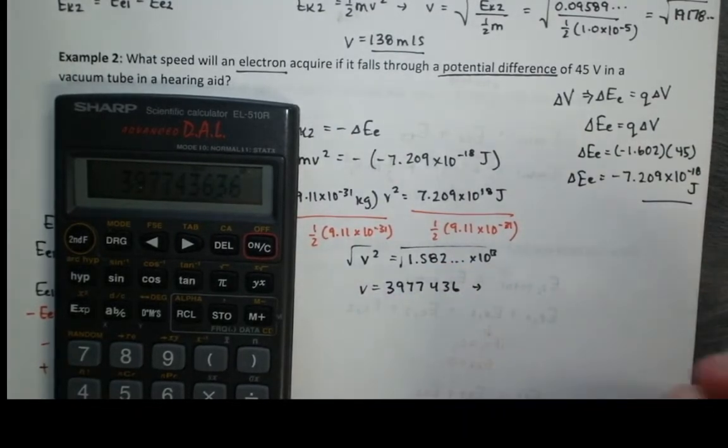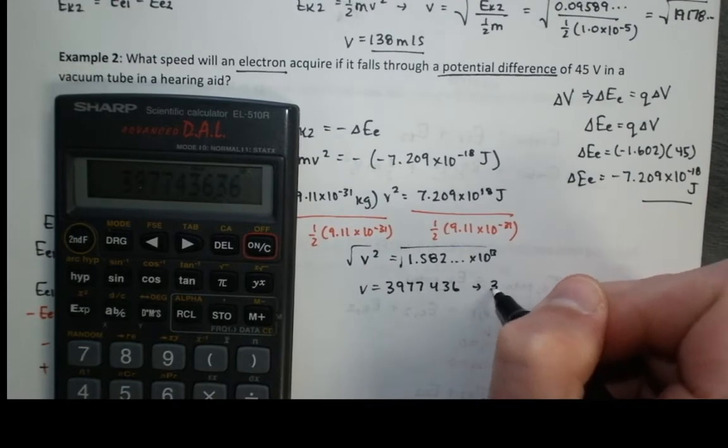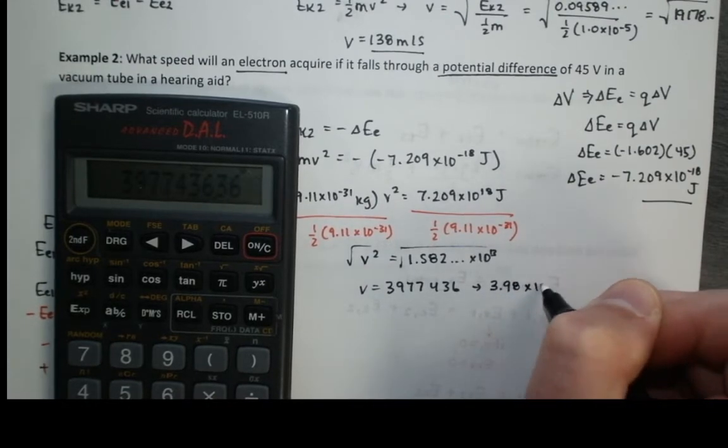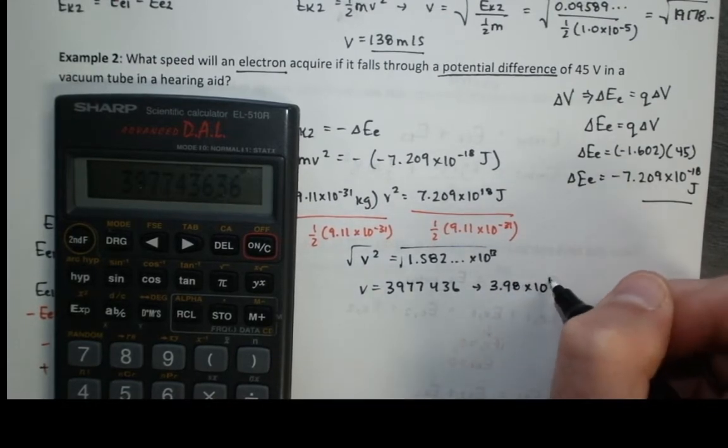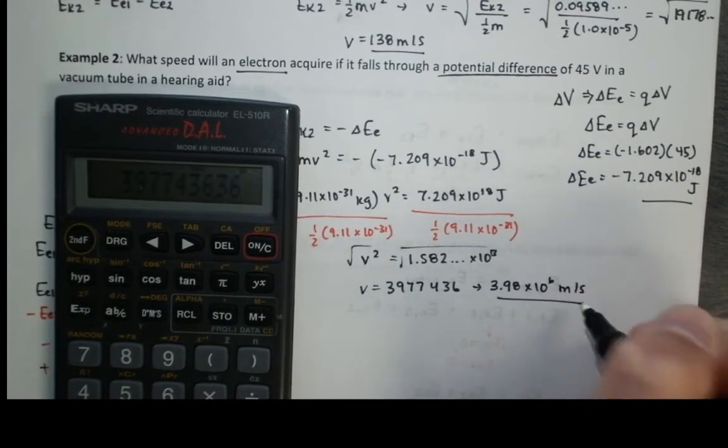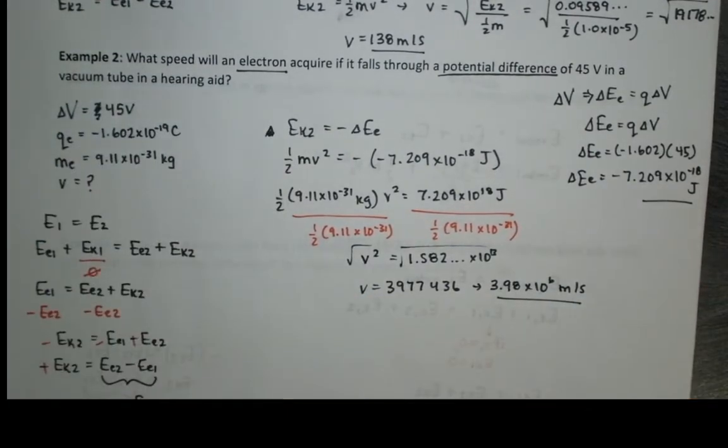Or let's put that into scientific notation. We'd get 3.98 times 10 to the power of 6 meters per second. So this is the speed that the electron would acquire if it fell from rest through the potential difference of 45 volts within a vacuum.